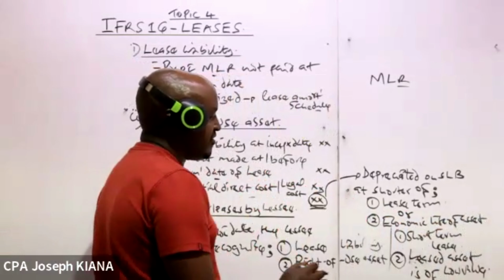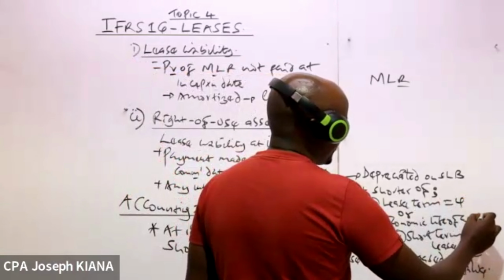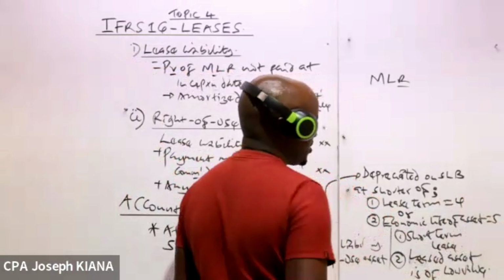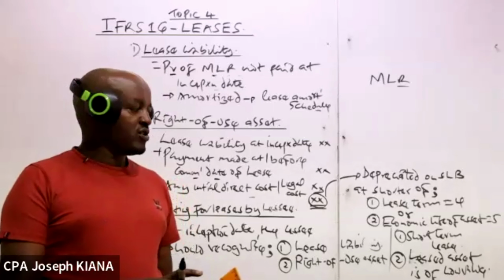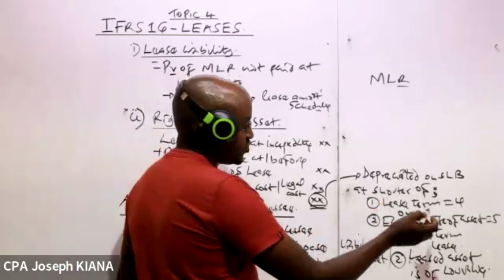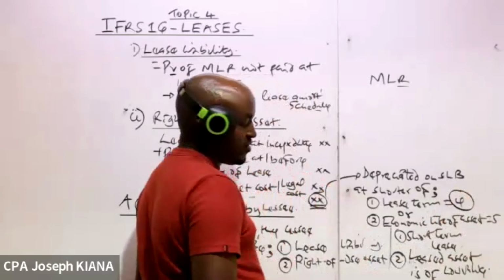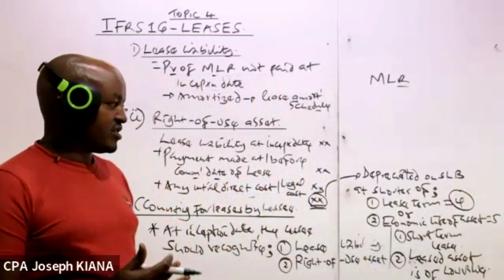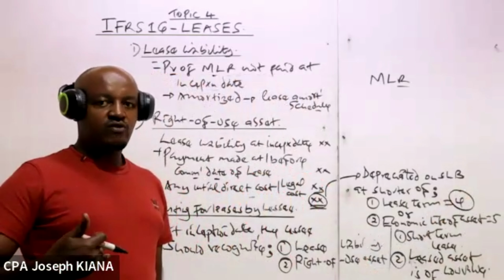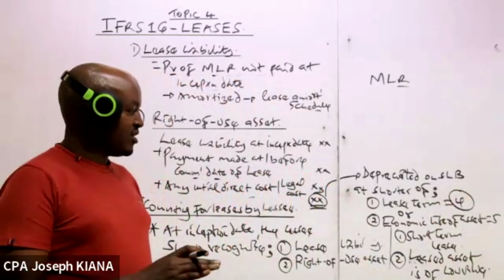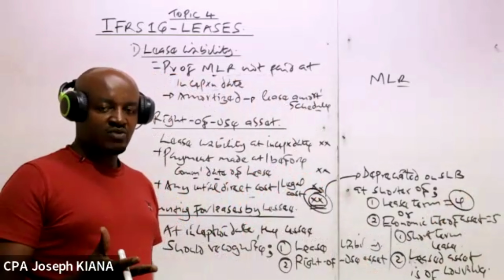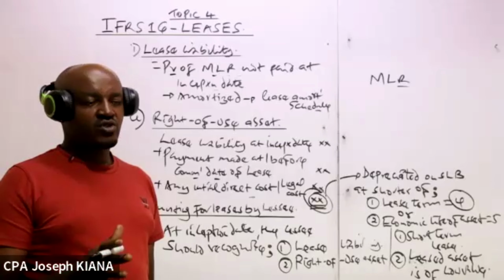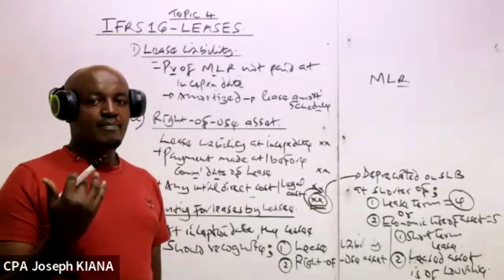For example, if you're given the lease term is 4 years, and the economic life of the asset is 5 years, you take the period which is shorter. So in our case, the shorter period is 4 years. So for you to determine the depreciation per annum, you take the right of use asset and divide that by 4. You will get the depreciation of this right of use asset per annum.